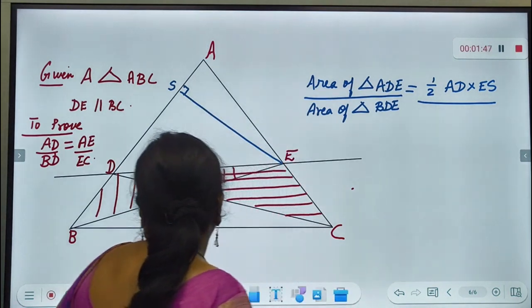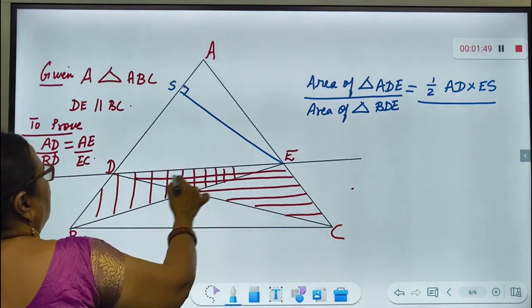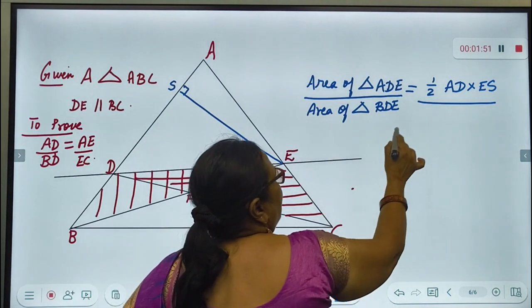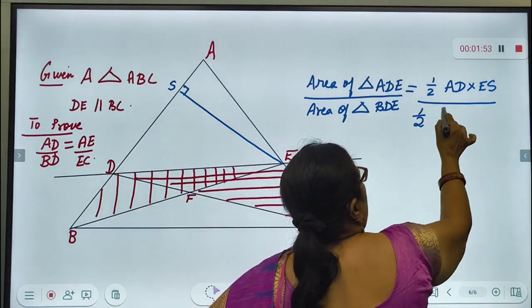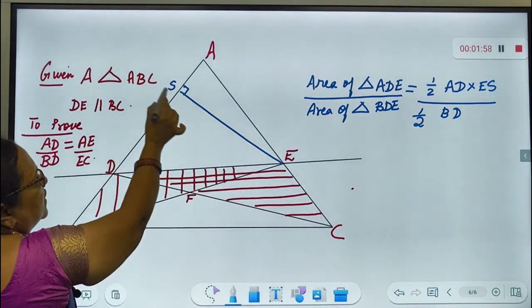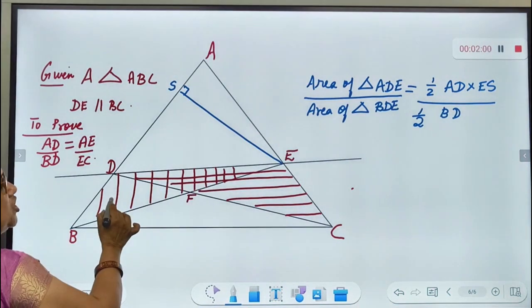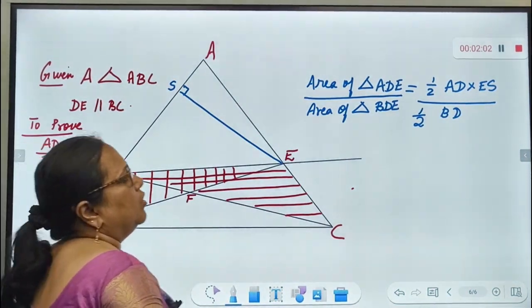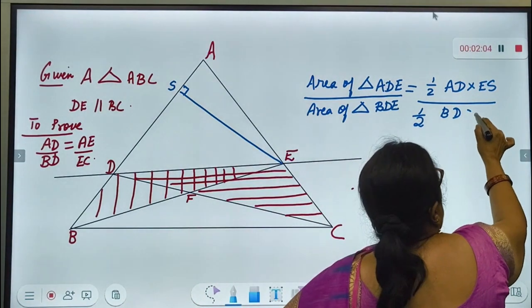divided by, for triangle BDE, what is the area? Half into BD is the base. Since this is an obtuse triangle, this itself will be the height for this triangle also. So the height will be same, ES.